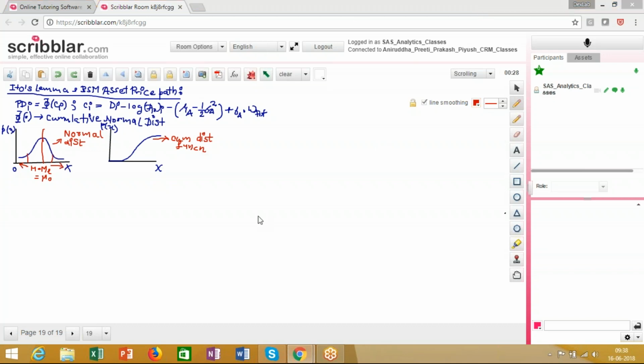Let's see how a cumulative distribution function would work.